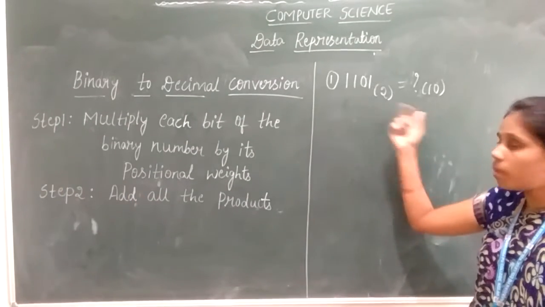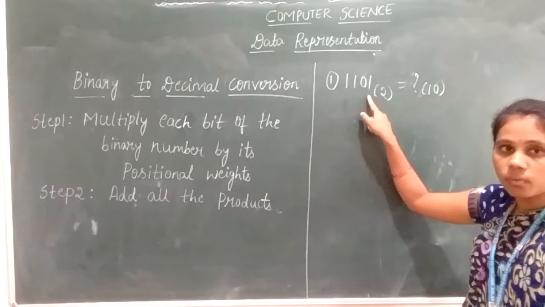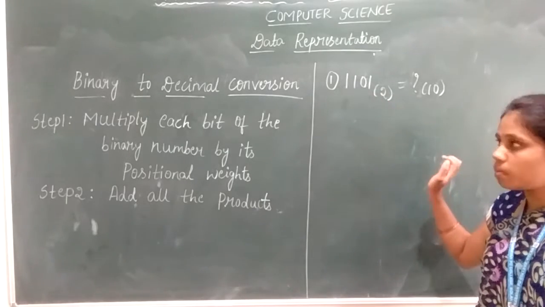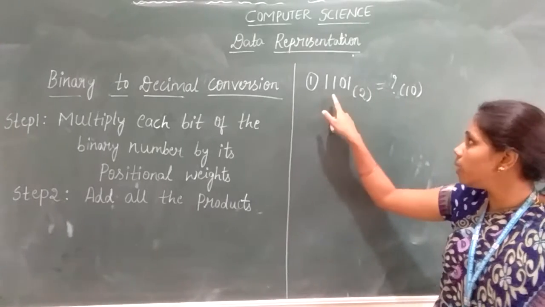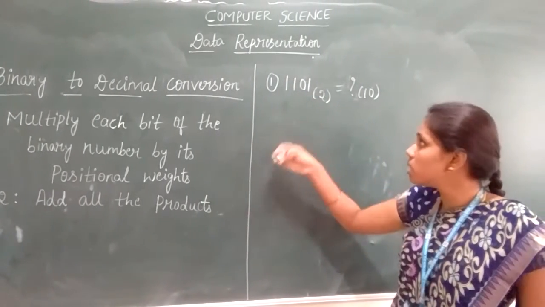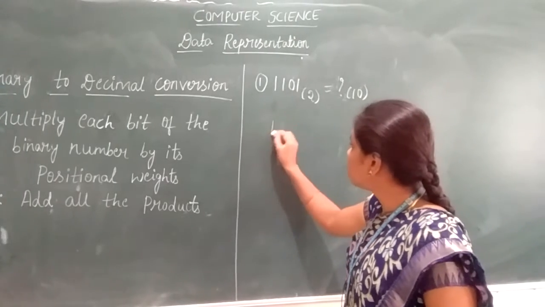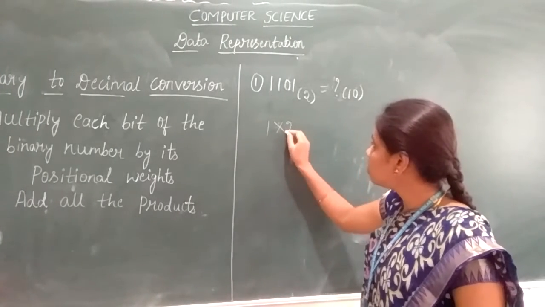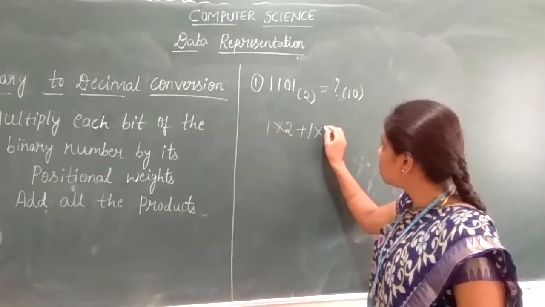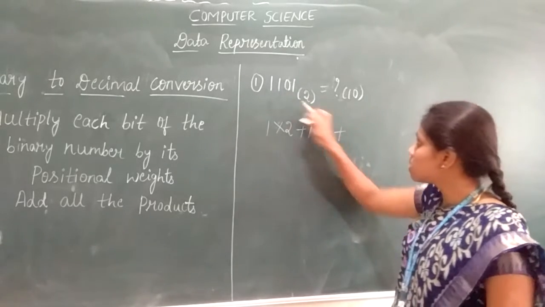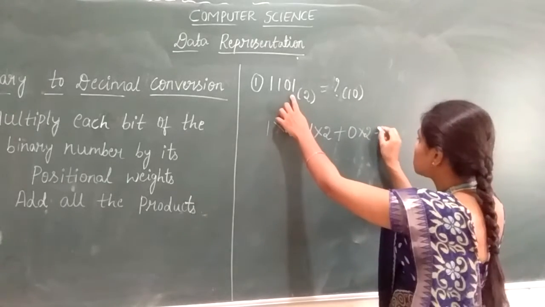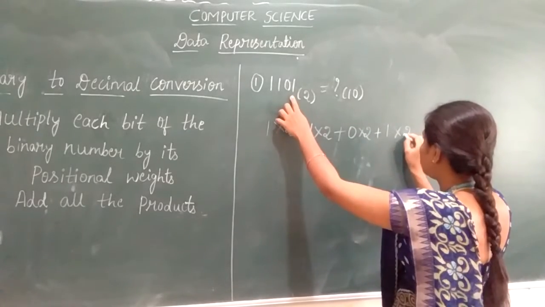Now we will see example problems. This is an example problem, 1101. This is a binary number. This should be converted to decimal. Now what we should do, we should multiply each and every digit by 2 with its positional values. 1 into 2 plus 1 into 2 plus 0 into 2 plus 1 into 2.